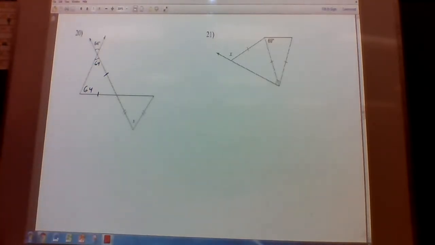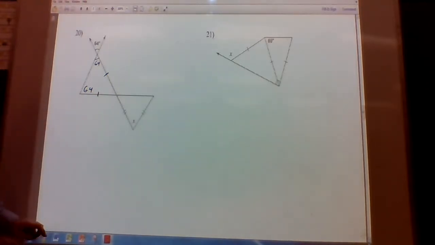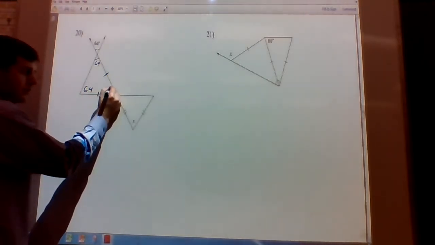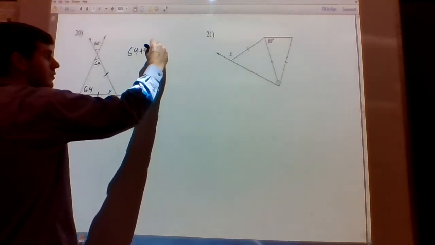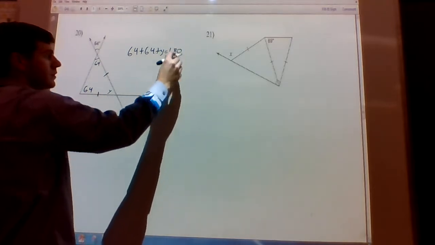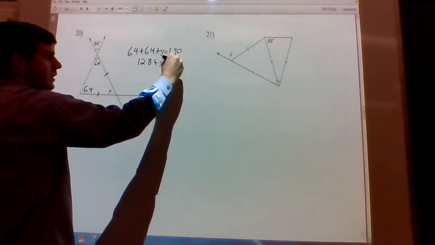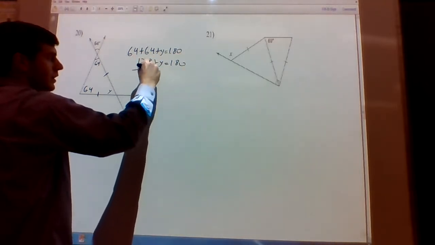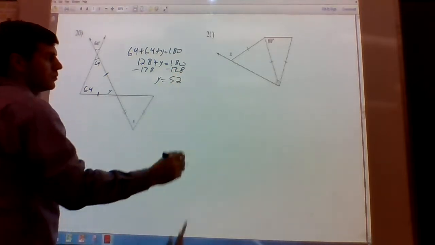We can do 180 minus 64 to find this angle. Just to be clear, I'm going to put in a y and then do 64 plus 64 plus y is 180. So we have 128 plus y is 180, minus 128. Y is going to be 52.